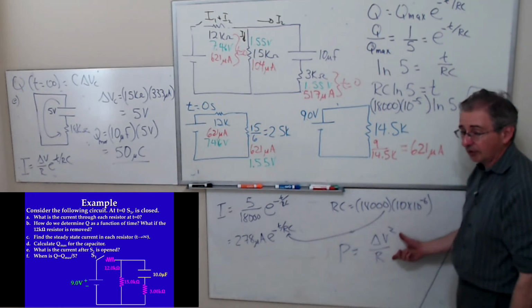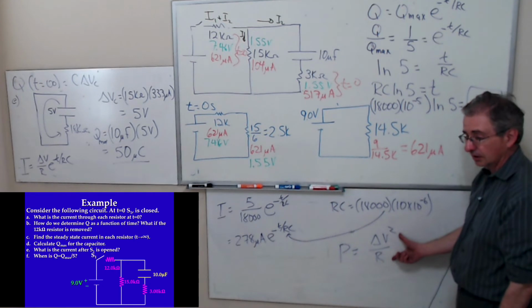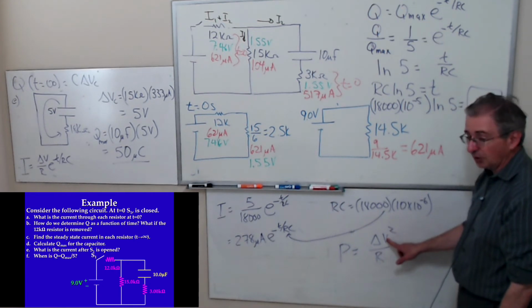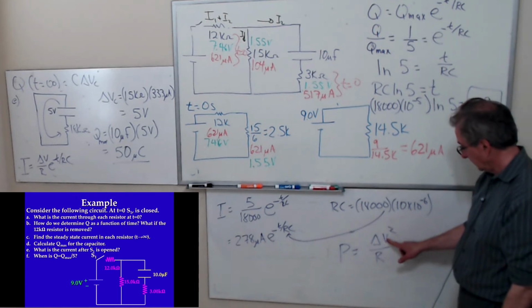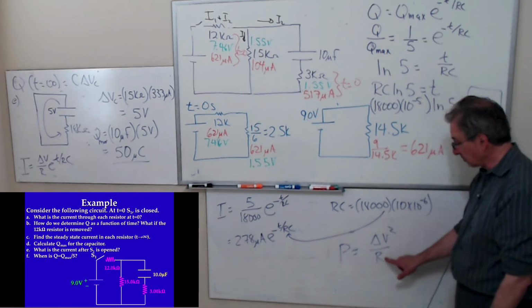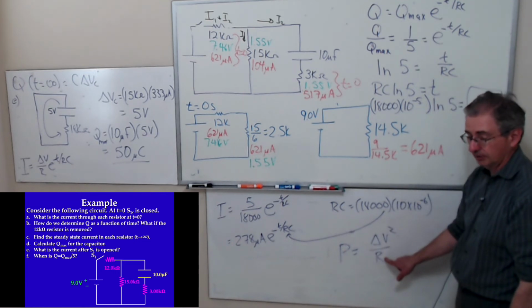So this is the power equation, right? So you set this to 120. And so what you'll see is the bigger the power, the smaller the resistance of the bulb.